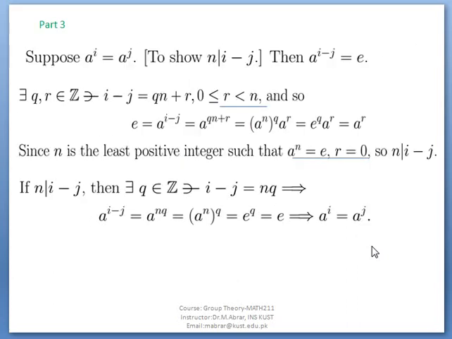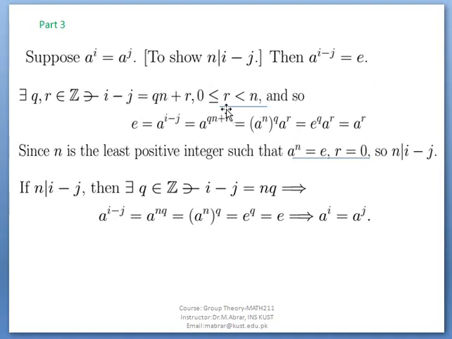In the third part, we have to show that, of course, the order is finite here. If a^i equals a^j, then we need to show that n divides i minus j. Again we will use the division algorithm here. By assumption we can write a^(i-j) is e. Again by the division algorithm we can write i minus j in this form.